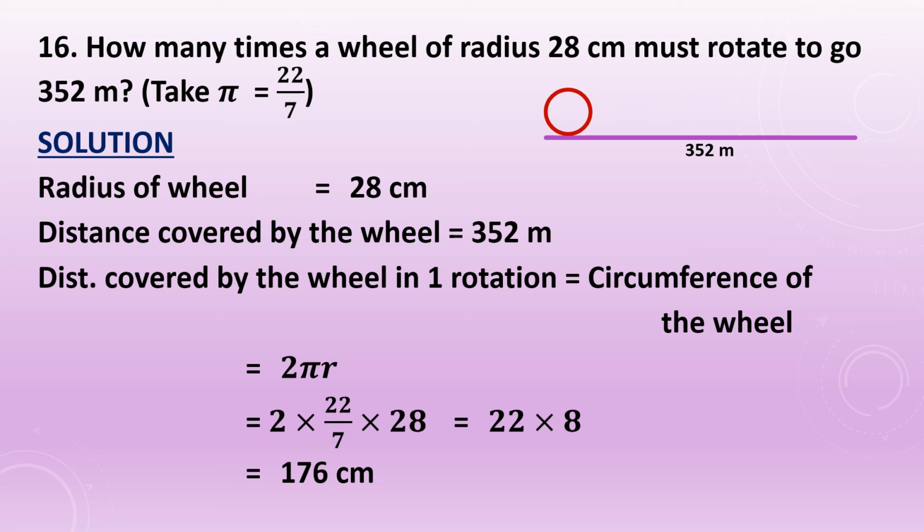This means the wheel will rotate one time, then it will cover 176 centimeter. How many times the wheel must rotate to cover 352 meter? That is the question.